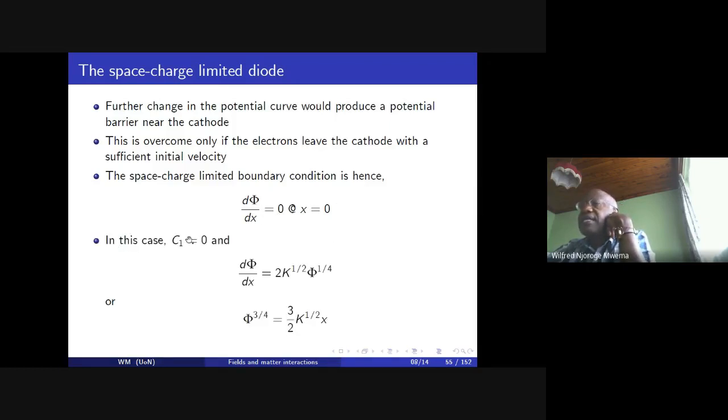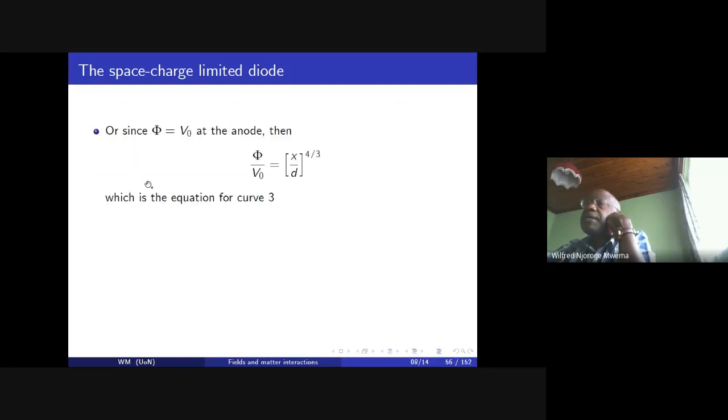And in this case, C1 will be 0 and d phi/dx is going to be given by those values. We get an equation of phi to the 3/4 equal to 3/2 root k multiplied by x. And since phi is V naught at the anode, then at the anode we can write it as follows.